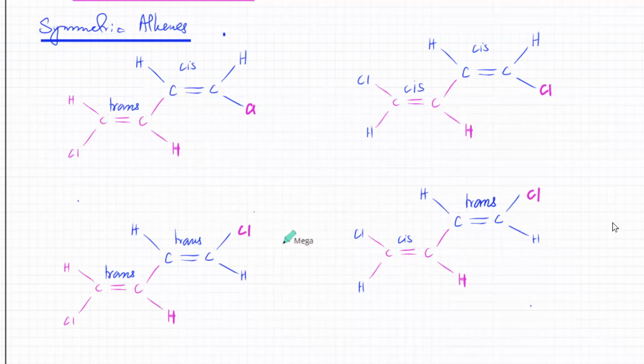Now look carefully. When the molecule is symmetric, now if I flip it around, if I rotate the molecule, this one specifically, and if the molecule is symmetric, remember trans cis and cis trans, left to right, right to left, it doesn't matter.